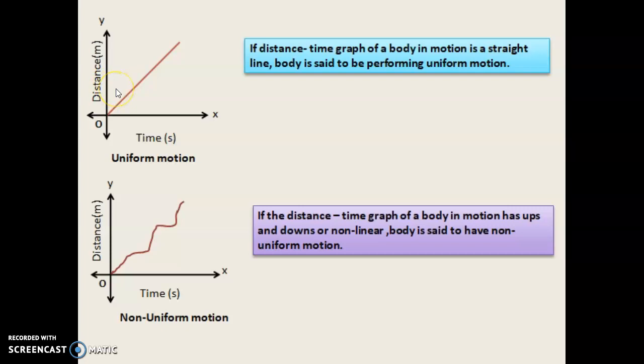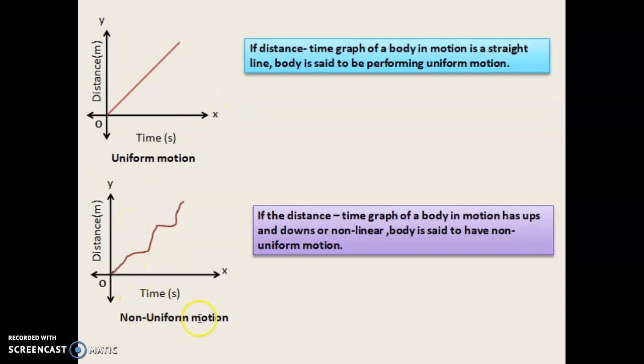This will be the graph for uniform motion, and it gives a straight line. If the distance time graph of a body in motion is a straight line, the body is said to be performing a uniform motion. So this is the graph for a uniform motion.